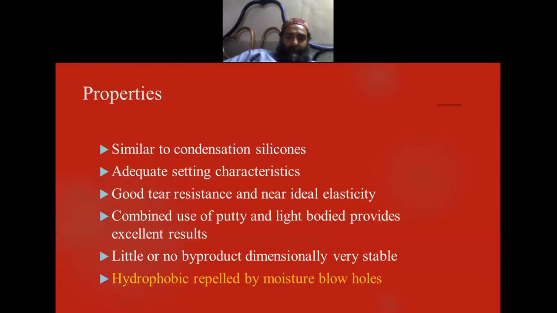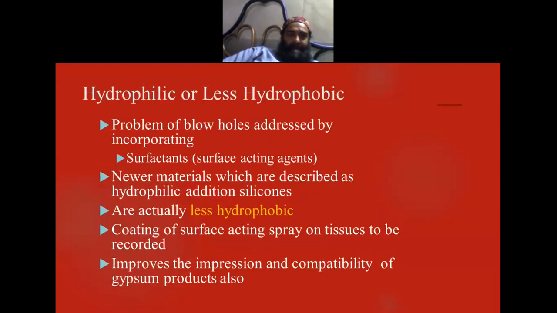Little or no byproduct is there, so they are dimensionally very stable, and also they are hydrophobic, repelled by moisture, so the blowholes are obvious if moisture is there in the field of impression.